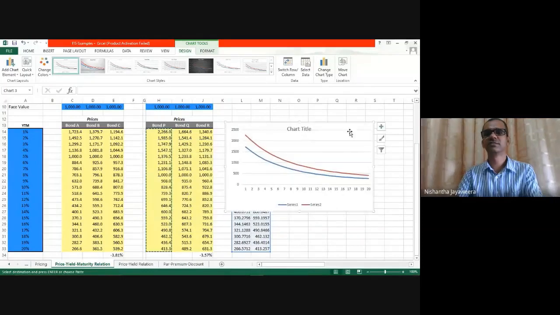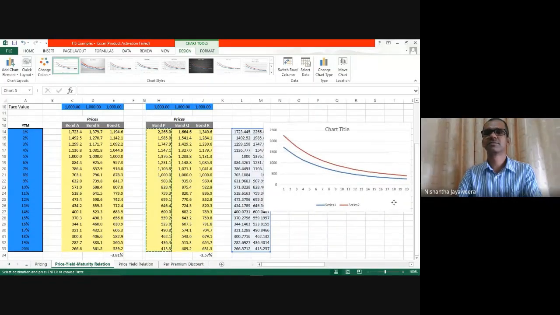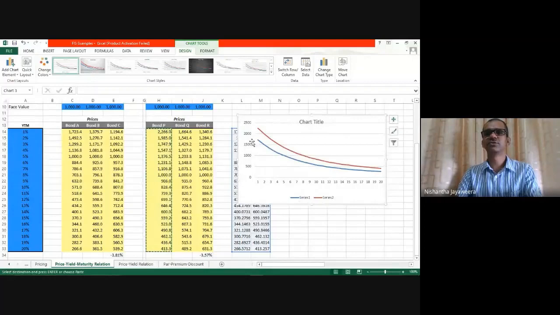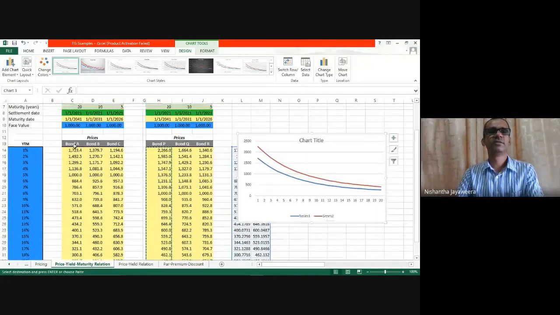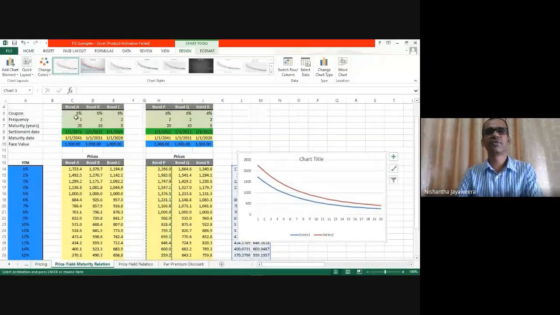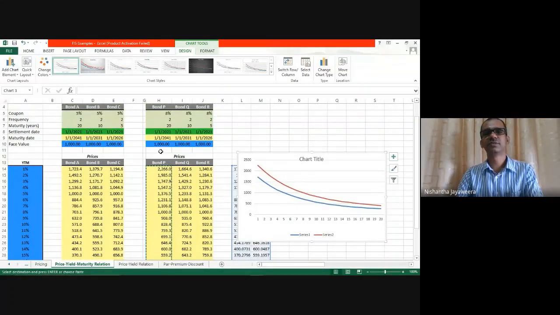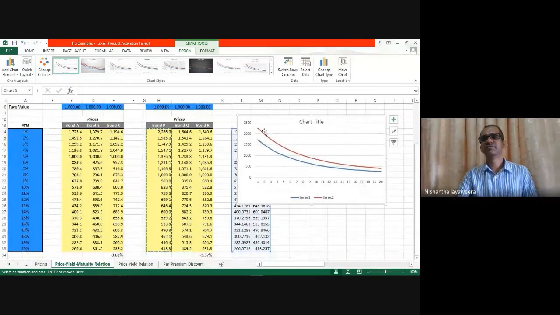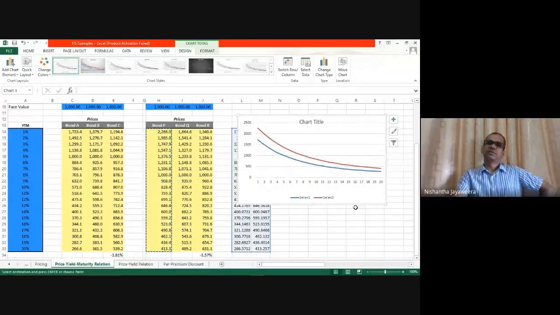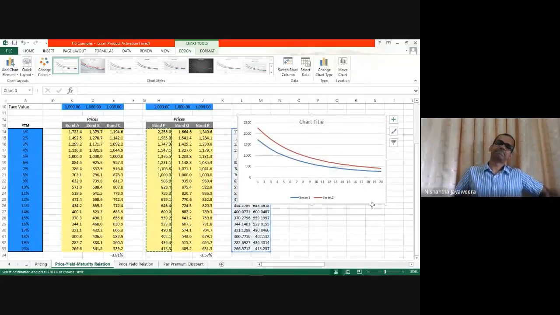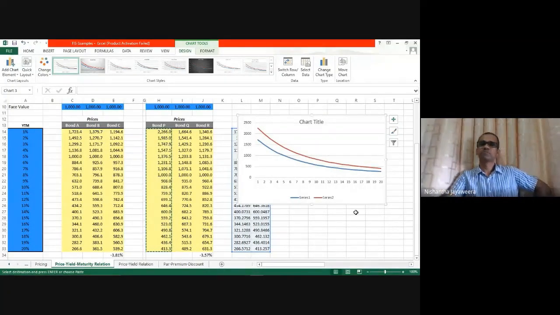So this is the result. Series 1, Series 2. Series 1 is the first one, bond A, with a coupon of 5%. Series 2 with the coupon of 8%. You can see the difference. You can see the gap is increasing here.